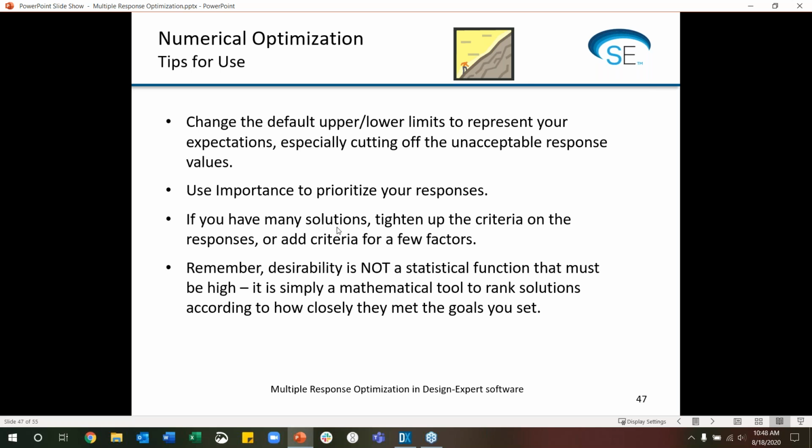And if you have a lot of solutions, tighten up the criteria, or maybe you add criteria for a few select factors. Don't add too much, but just maybe a few. And finally, remember that desirability is not a statistical function that must be high. It's simply a mathematical tool to rank your solutions according to how closely they met the goals that you set.